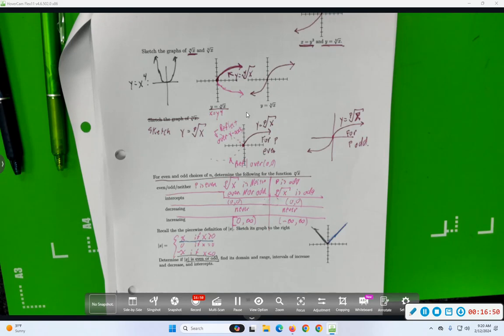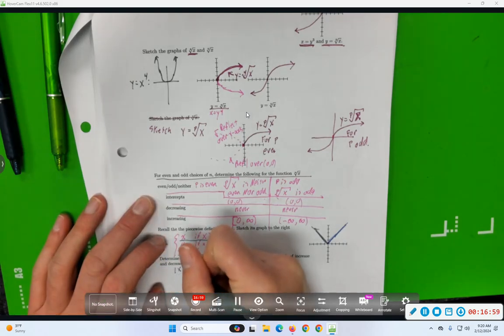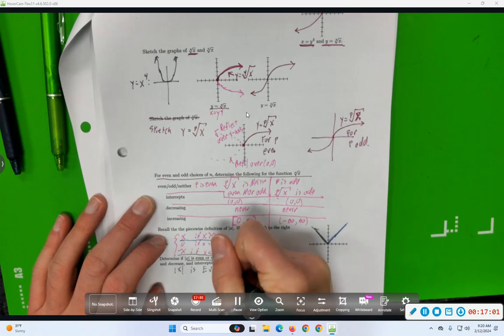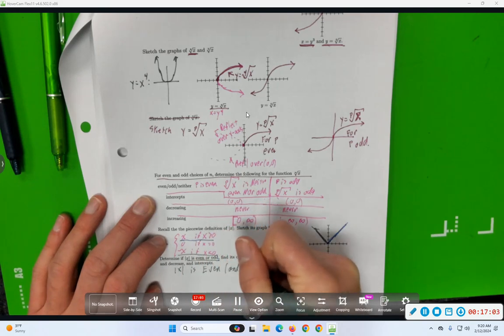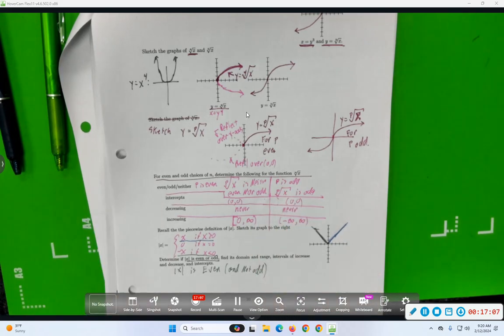Does absolute value care about negative signs? So it better be even. Did anyone think about the question of what is the one unique function that is both even and odd?